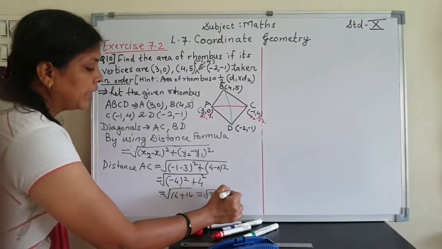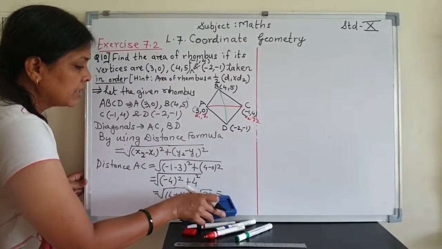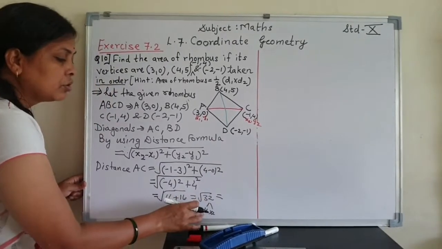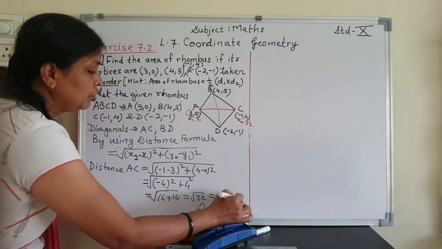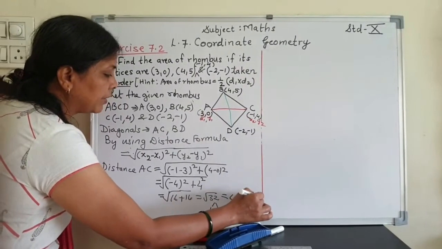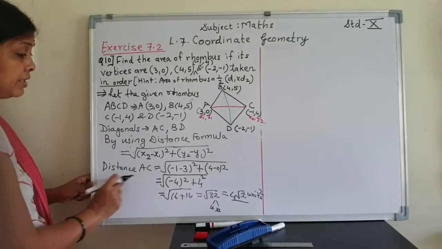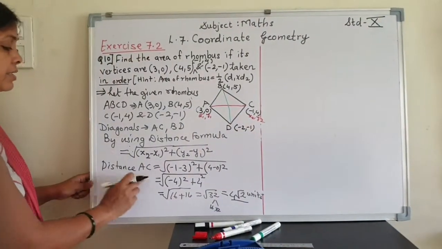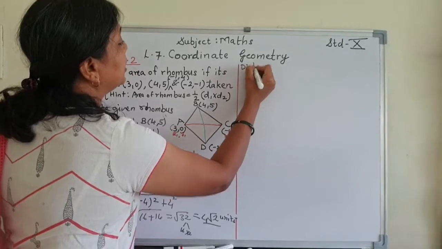It means 16 twos, and 16 is a perfect square. So 4 square root 2 units is the distance of AC. Similarly, we will find the distance BD.